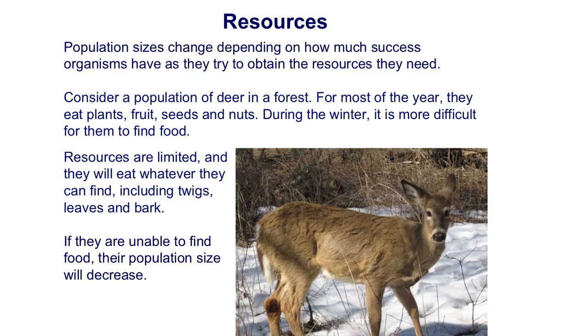So as the population increases, the food source diminishes, the available food becomes more scarce, and the population will decrease. Individuals will starve or move away, they might migrate to a warmer climate, or they just don't have babies.